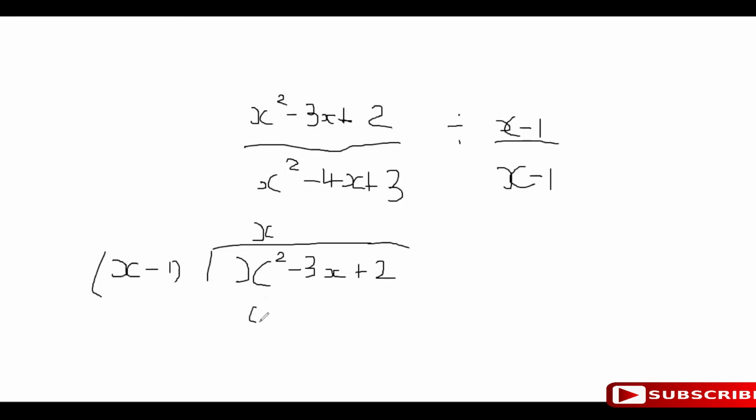This times this gives me x squared. X times minus 1 is minus x. Subtract them. Minus 3x minus minus x is minus 2x. Minus 3 plus 1 is minus 2 plus 2. And then this into this leaves minus 2.